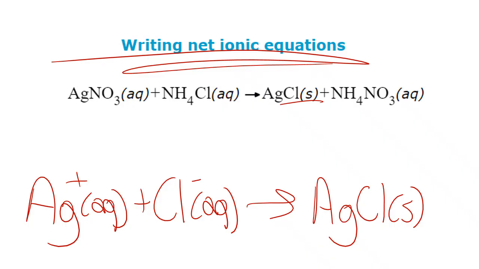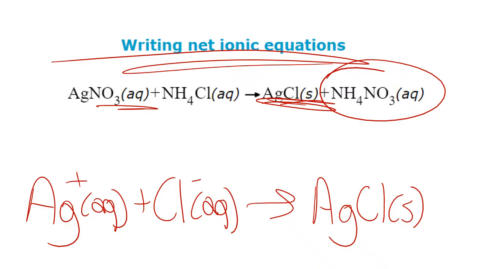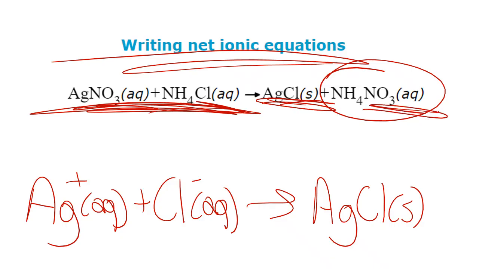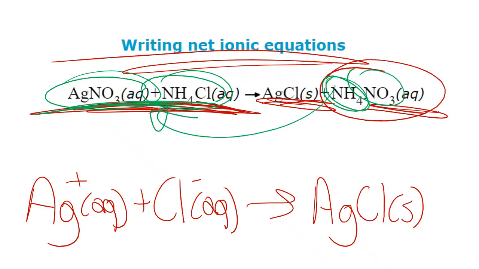Now, what are the spectator ions? What's on the right that does not form a solid, meaning what's aqueous on both sides? I've heard students say it like that. Something has aqueous in front of it on both sides. Here it's going to be that NH4, and here it's that NO3.